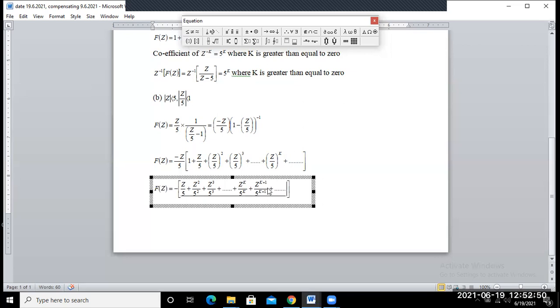So what is the coefficient of z to the power minus k? Now you just try to find out. The coefficient of z to the power k: first, what is the coefficient of z to the power k? Minus multiplied by minus 5 to the power minus k.